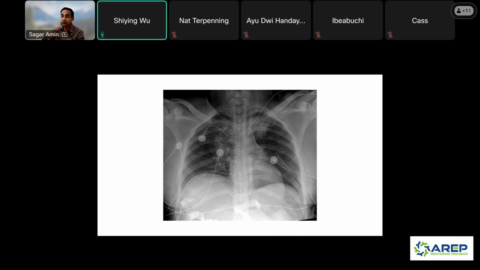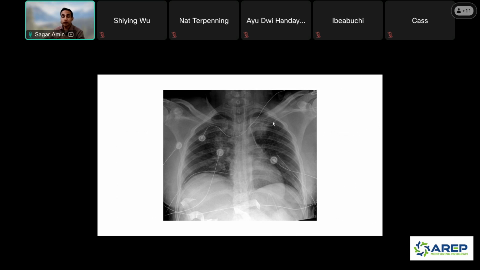Left-sided SVC. Yeah, so it could be a left-sided SVC. Could be the aorta. What else? So some other things that could be a superior intercostal vein, which comes around this area and sort of drapes over the aortic knob.